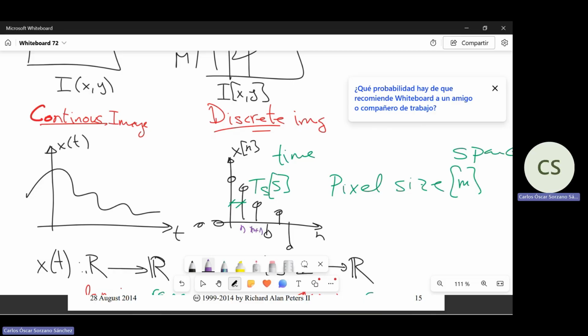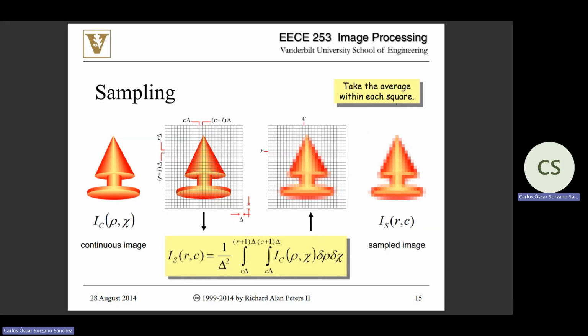So this sample goes to n times ts, and this sample goes to n plus 1 ts. So ts for us is delta. Then we are going from r delta to r plus 1 delta, and from c delta to c plus 1 delta. And then you have to average.